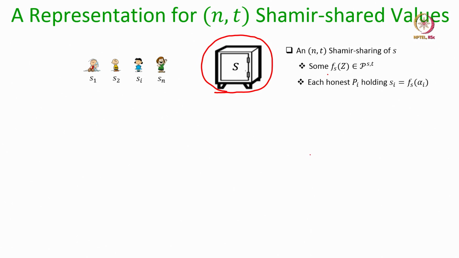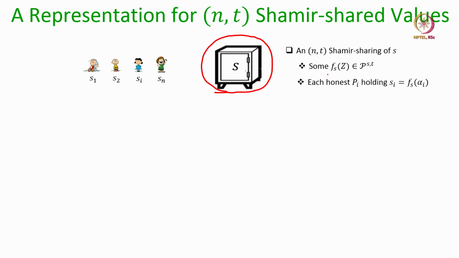Okay. Why this box representation? This box representation basically signifies here that there is a value S which none of the party knows. Of course, the dealer who would have secret shared the value S would know the value S, but if the dealer is honest, then from the viewpoint of the corrupt parties, there is a value in this box which is not known to the adversary.